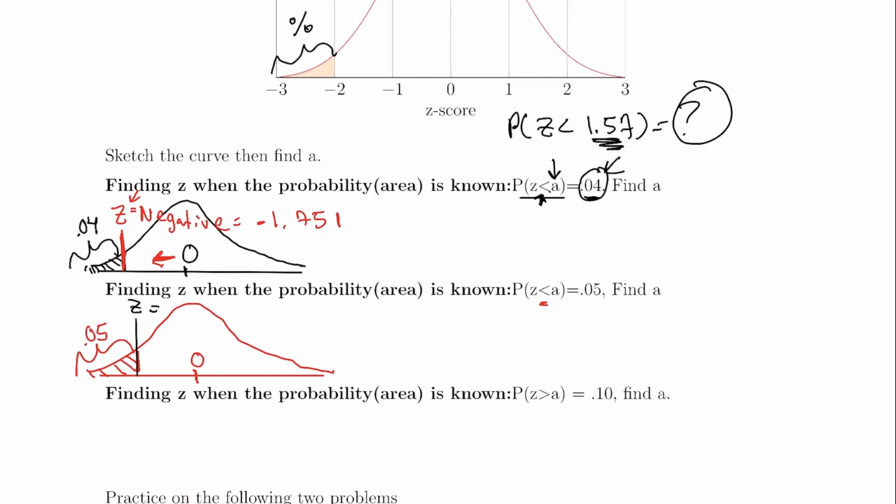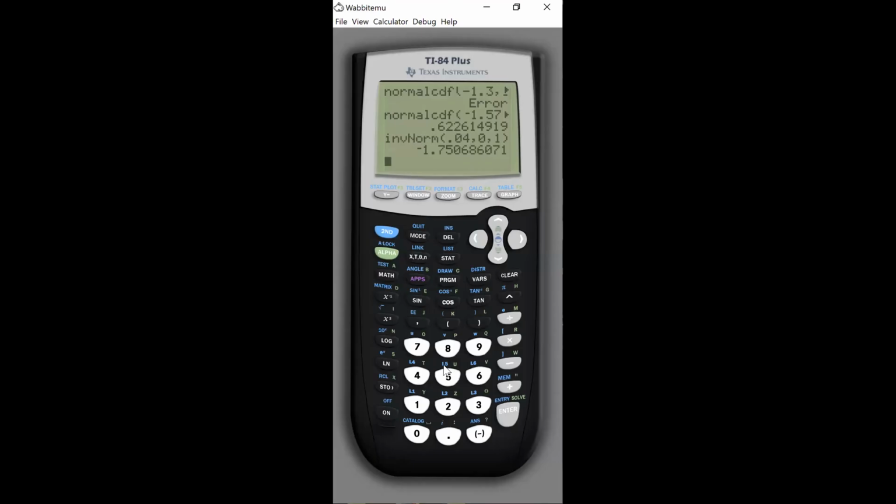All right. So I'm going to transition over to my calculator, and we're going to do this in the calculator. We go second, vars. We'll do inverse norm again. So we're going to change it to 0.05. Mu stays the same, sigma stays the same, and we go to paste.